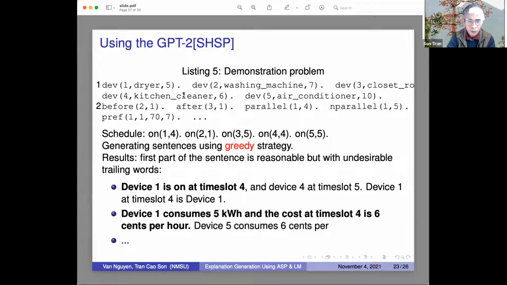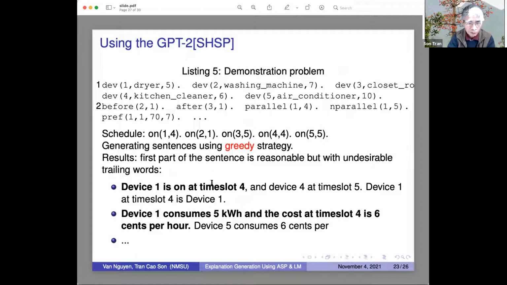Now in our problem, for example, we have this problem, and then we have a schedule like this. We then use GPT-2, the fine-tuned language model, to generate the sentences.